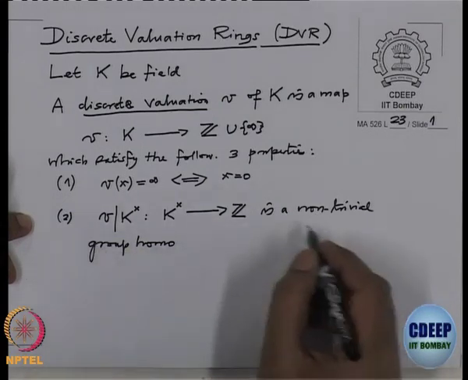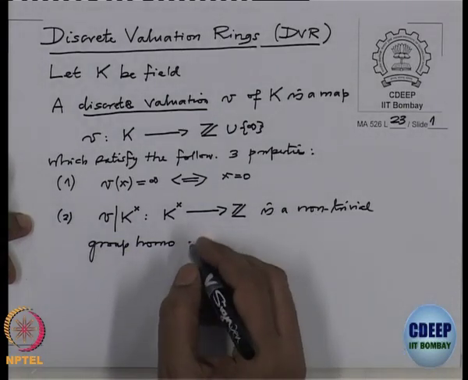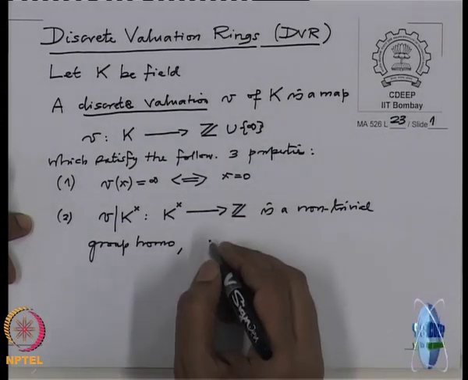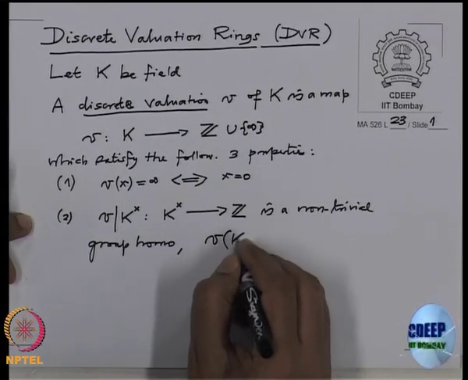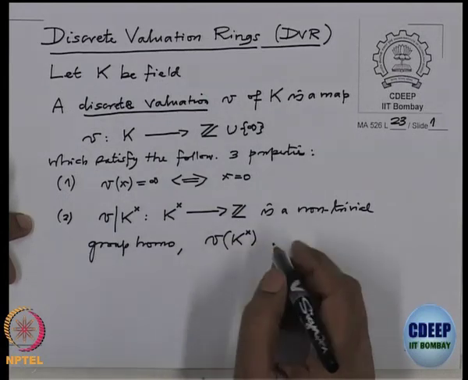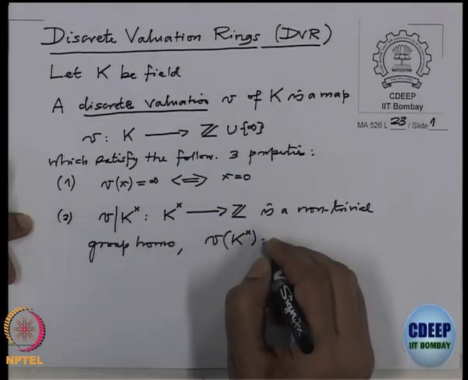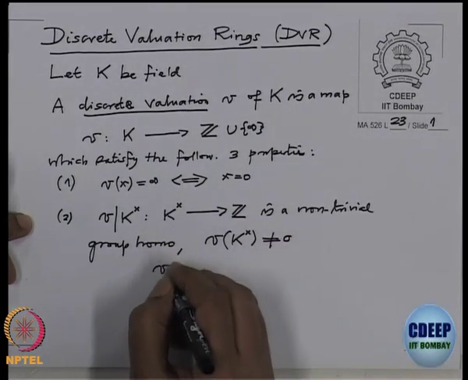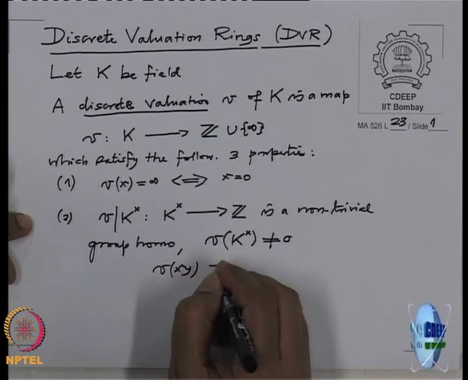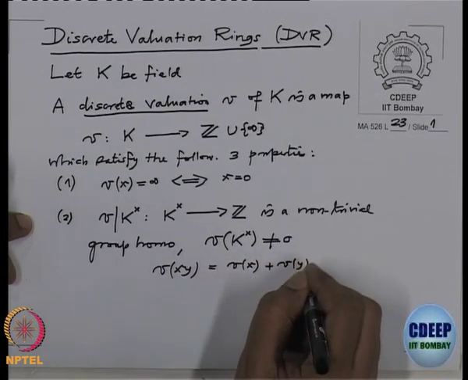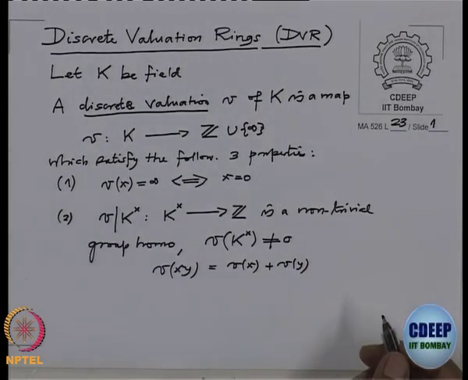So, this means non-trivial, so everybody can't go to 0. At least one element of k cross should go to other than 0, that means the image of V of k cross is non-zero. And also to spell out, V of xy equal to Vx plus Vy. That is the meaning of group homomorphism. Automatically 1 will go to 0.